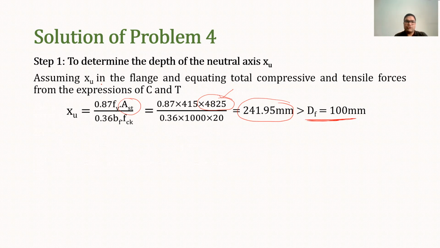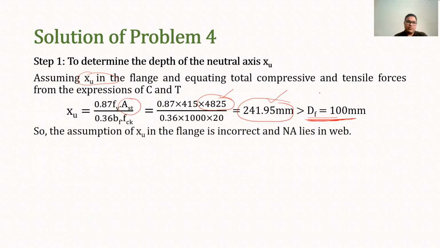As we assumed XU lying in the flange, this value will be incorrect, but it gives us information that the neutral axis will be lying in the web because it is more than DF. So again, our assumption of XU lying in the flange is incorrect. The neutral axis is actually lying in the web.